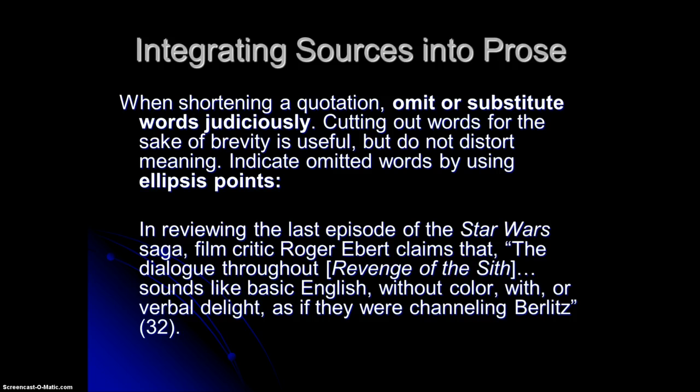For example, in reviewing the last episode of the Star Wars saga, film critic Roger Ebert claims that the dialogue throughout Revenge of the Sith sounds like basic English without color, without verbal delight, as if they were channeling Berlitz. You notice that these ellipsis points indicate that something has been taken out in the middle here. We have to trust the author that he didn't take out something that is important or that would contradict his particular argument, and that it was just sort of extra material. But you really want to be careful with the words that you remove, that doing so might damage your ethos.